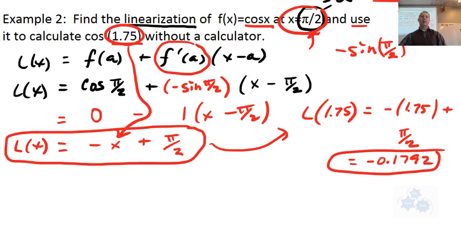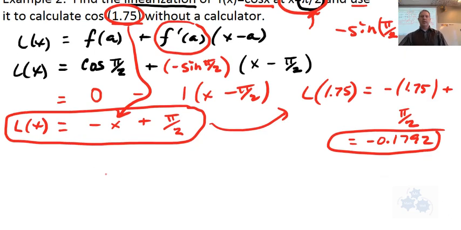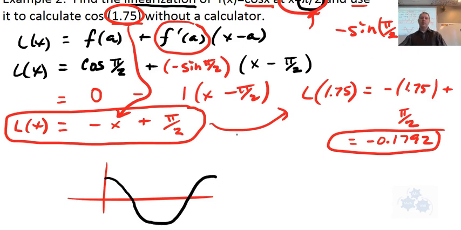Now, if we estimated something like 2.75, right, we're going to be way off. Because think about cos. So where's pi over 2 here? There's 2 pi. There's pi. Here's pi over 2. Right? So 1.75 is right around here.